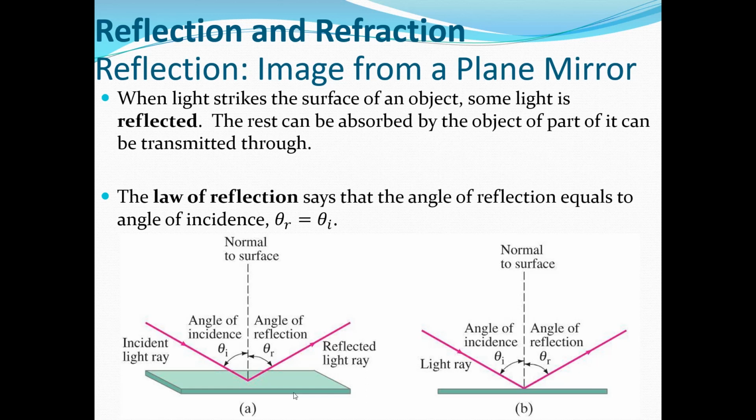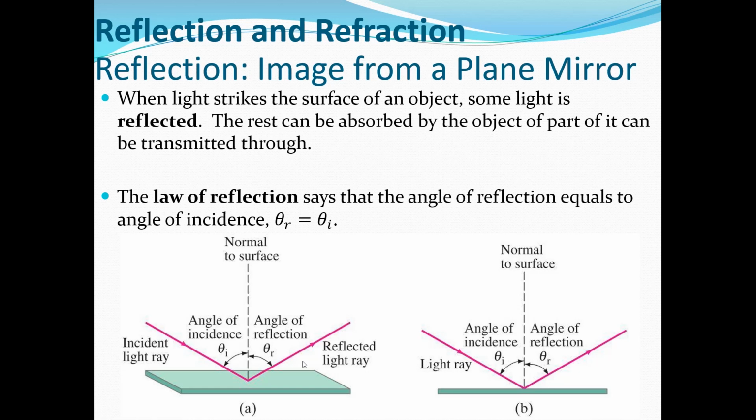It becomes a lot easier to just do a normal line and then measure the angle from there. It's also important that we do it here because when we get to Snell's law, taking angles from the surface will end up giving us wrong answers.